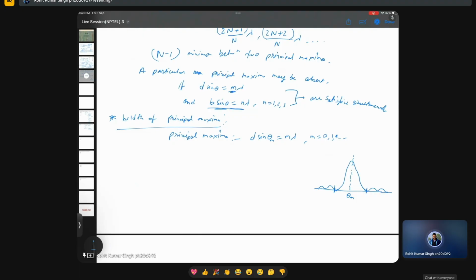Let's call this angular width delta theta m. So two minima on either side, with angle theta m plus delta theta m and theta m minus delta theta m. This angle will be theta m plus delta theta m, and this angle will be theta m minus delta theta m. Fine.